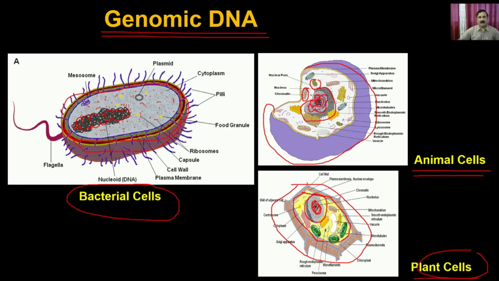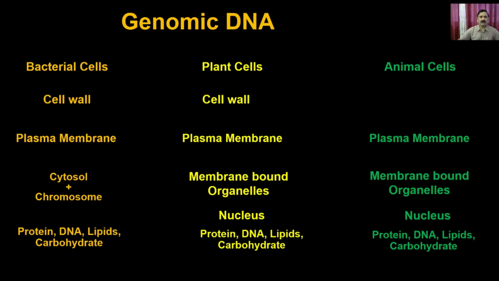So compared to the prokaryotic cell, in eukaryotic cells you are going to have more and more hurdles, more and more boundaries to cross before you can reach the DNA and isolate it. So the boundaries are different in the case of the prokaryotic cell versus the eukaryotic cell.